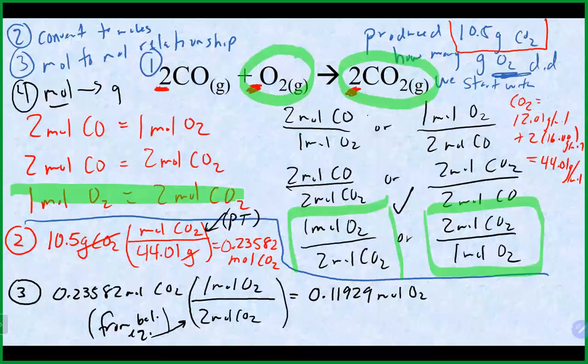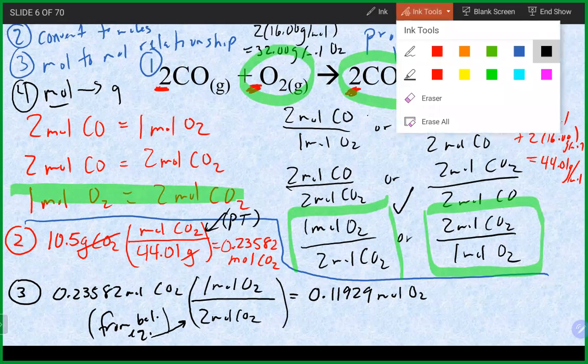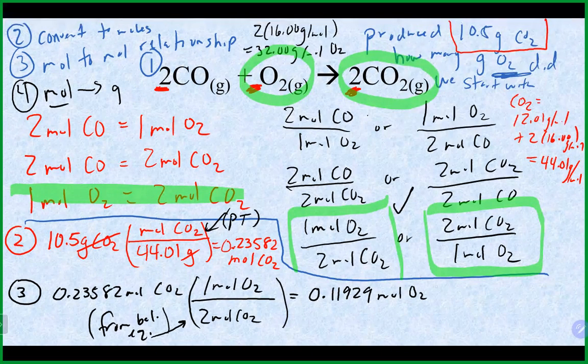So once again, we would need to go back to the periodic table. And since there's 2 oxygens, 2 times 16 is 32 grams per mole for O2. So our last step here would be to take the molar mass for O2. In this case, we're going to multiply by it. So 32 grams are going to go up on top, and a mole of O2 here on the bottom.